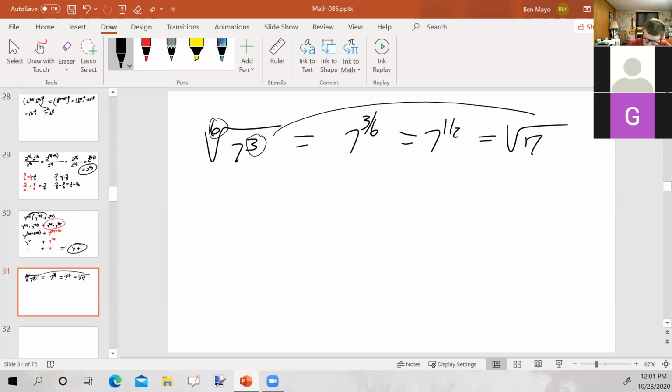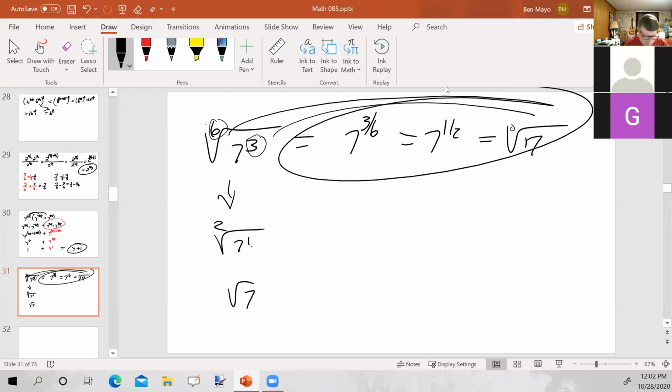Oh, no, 6 divided by 3 is 2. I'm sorry. So 3 divided by 6 would be a half. Therefore, this would be a 2. In other words, you could reduce that down to the 3 over 6, 1 over 2 kind of thing. And if that's confusing you, forget I even said it and just go that way until you're comfortable with it.